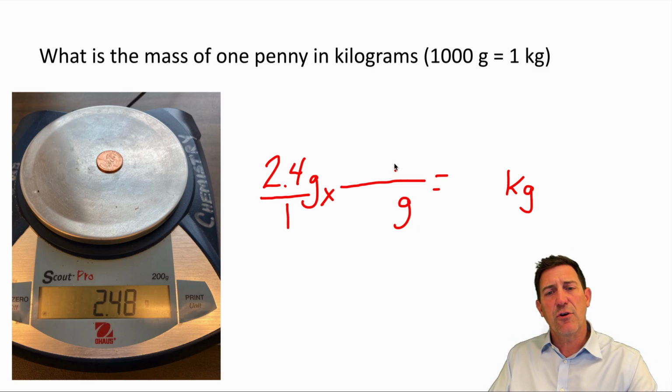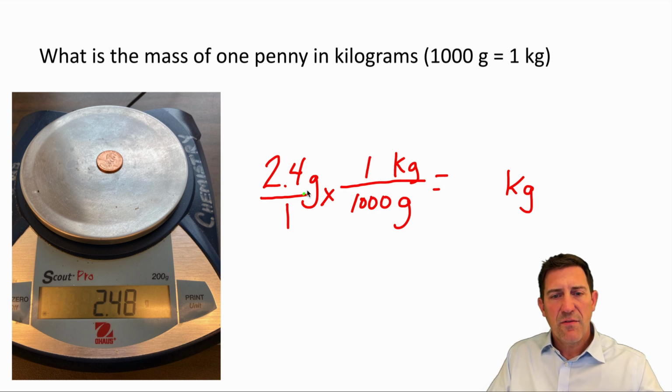And then there is a conversion to take grams into kilograms. It's right here, right? 1,000 grams is 1 kilogram, which means these two things are going to cancel. I'm only left with kilograms right here, which is what I want my answer in. So this is perfect. This, in math terms, becomes 2.4 times 1 divided by 1,000.